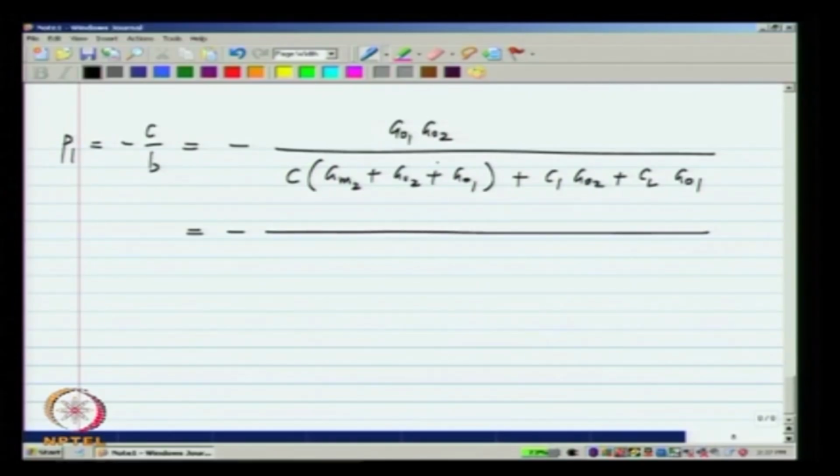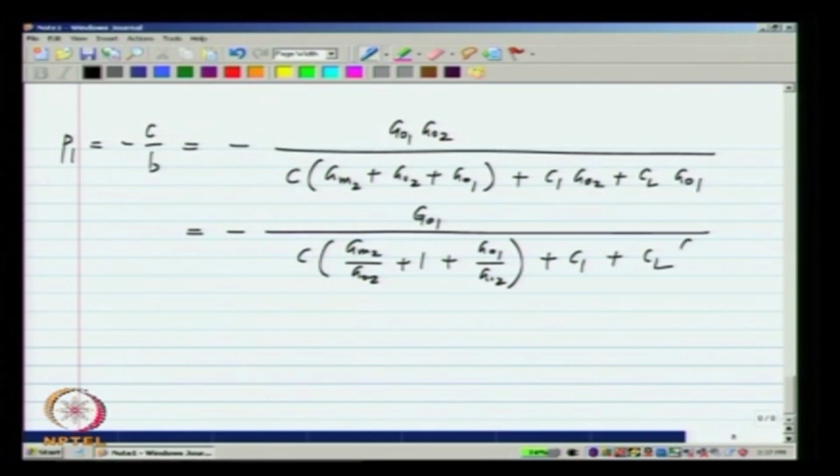I will just divide both numerator and denominator by GO2 to put it in a more meaningful form. The reason I did this is to get the answer in the form of some conductance divided by some capacitance.